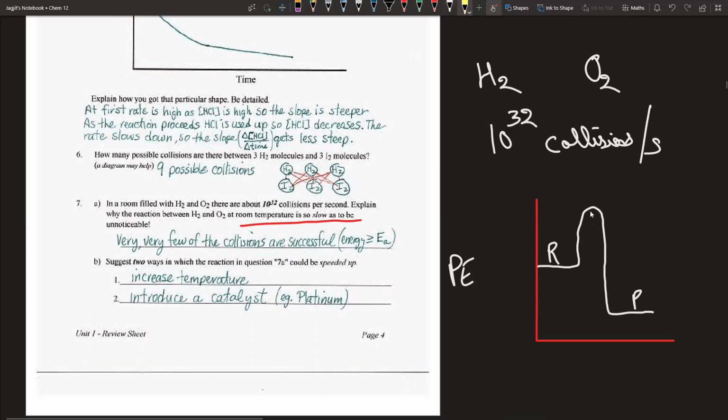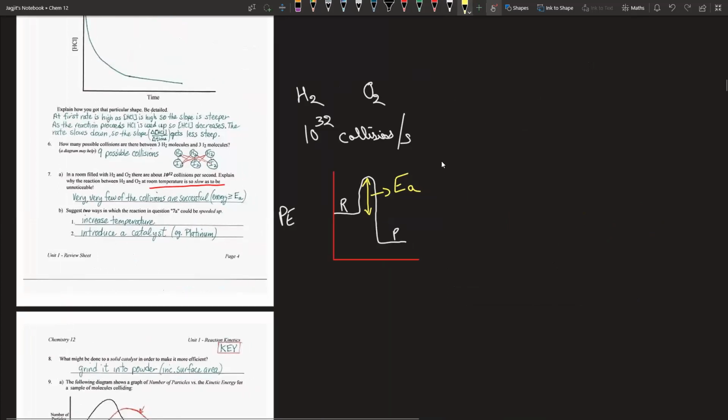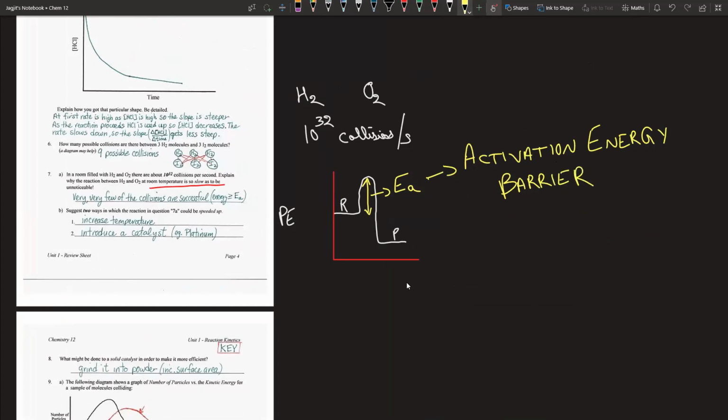This barrier that they need to cross is called the activation energy barrier. It's called EA, your activation energy. That bump is called your activation energy barrier.